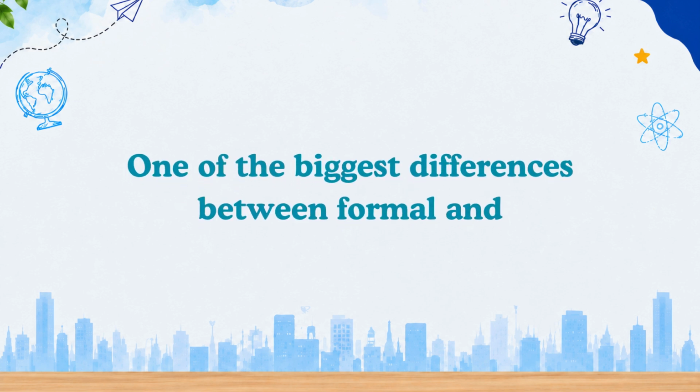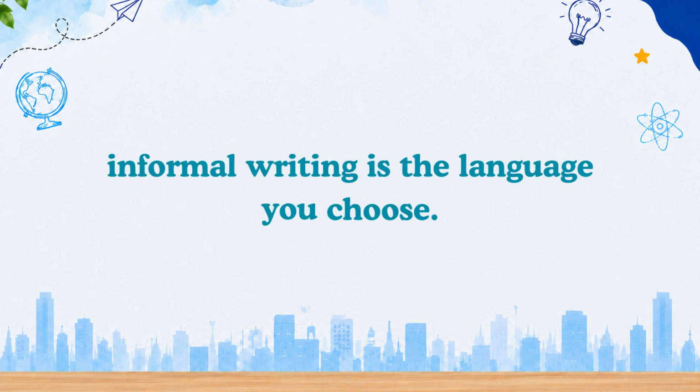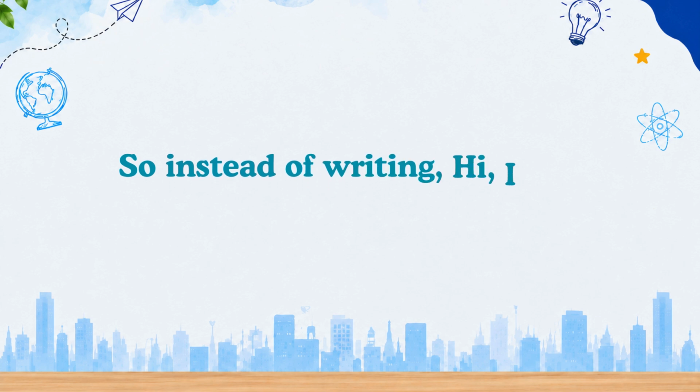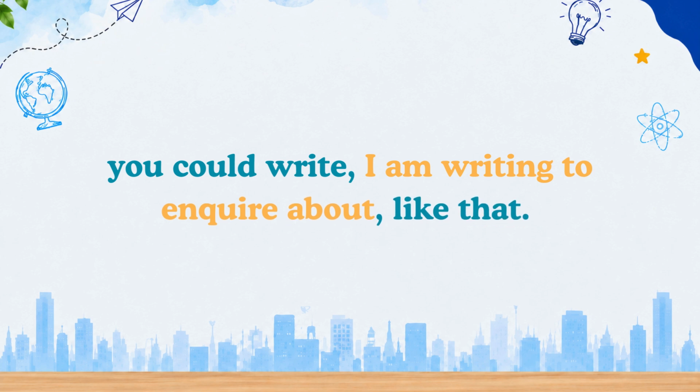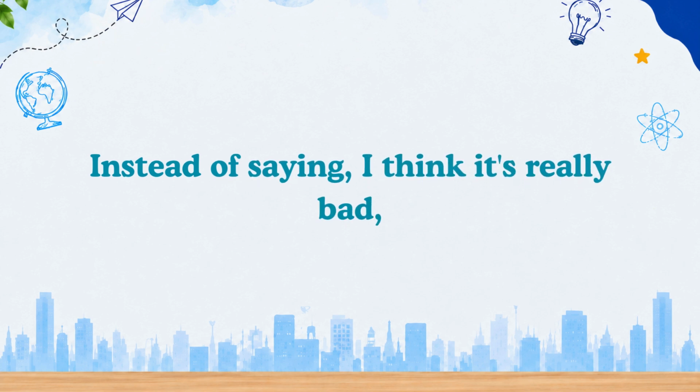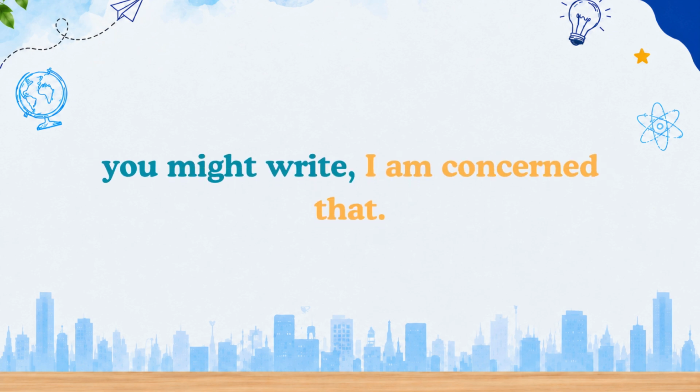One of the biggest differences between formal and informal writing is the language you choose. So instead of writing, "Hi, I just wanted to ask," you could write, "I am writing to inquire about," like that. Instead of saying, "I think it's really bad," you might write, "I am concerned that."